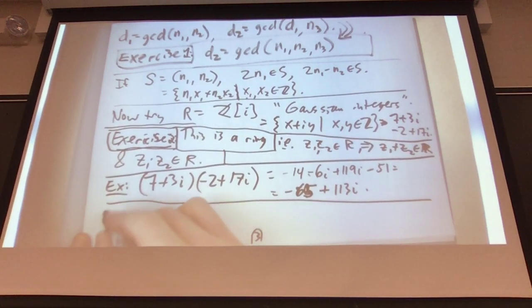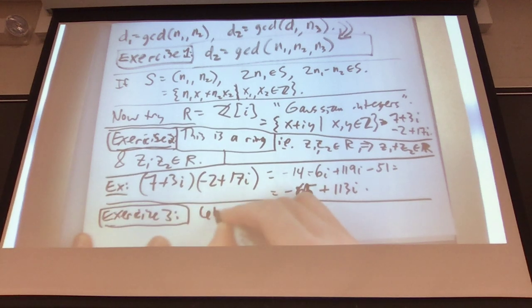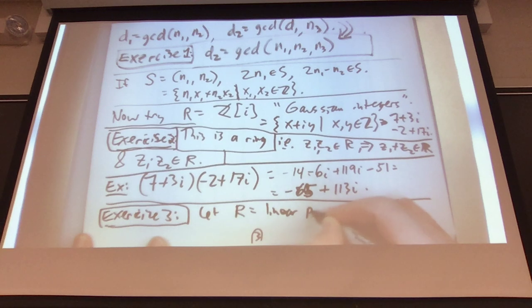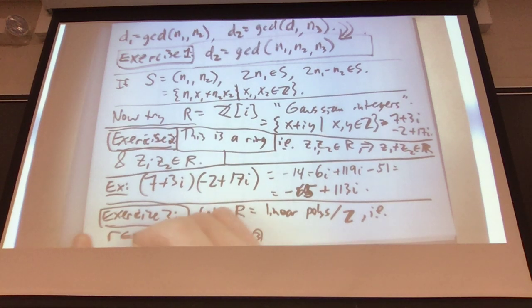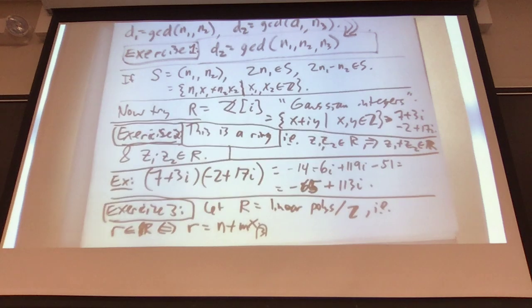Exercise 3, to do at home. Let R equal linear polynomials over the integers, i.e. an element of R is an integer n plus m times a free variable x. I keep writing the real numbers, I don't mean the real numbers.